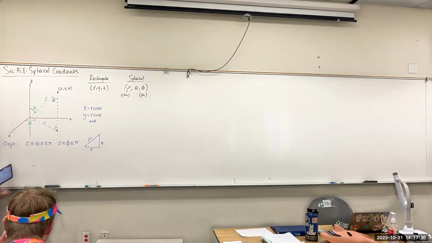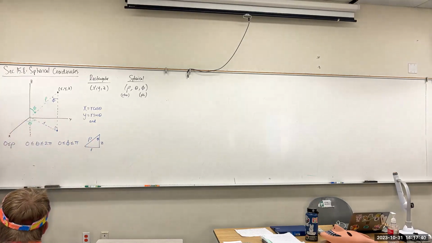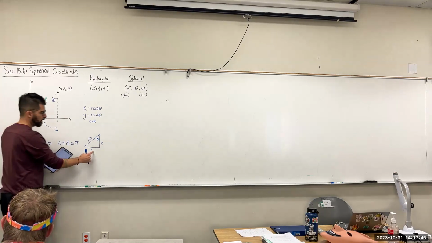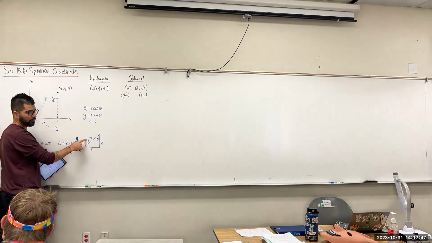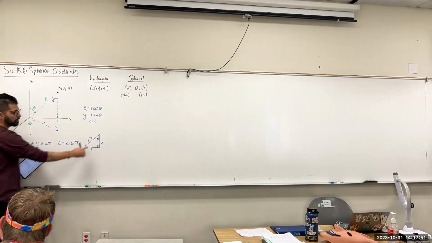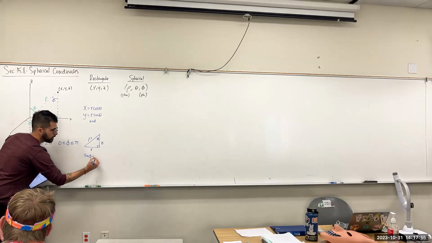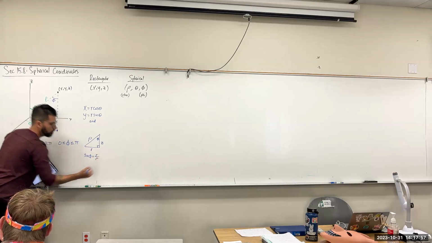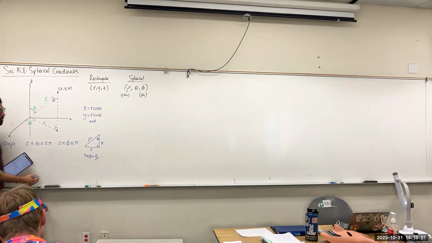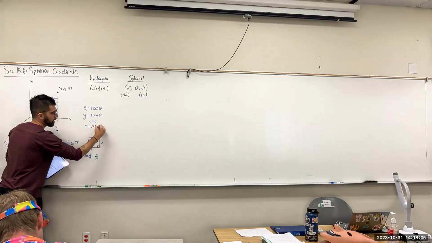Since this is a right triangle, the relationship that r and rho have is that sine of phi is r over rho. Multiply both sides by rho, and we get that r equals rho sine phi.